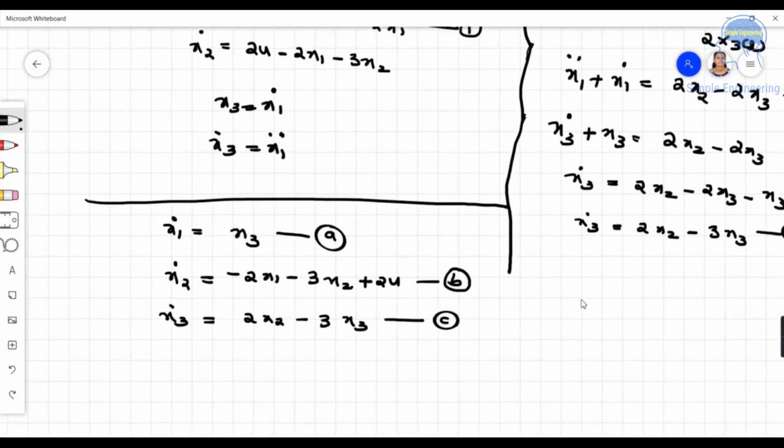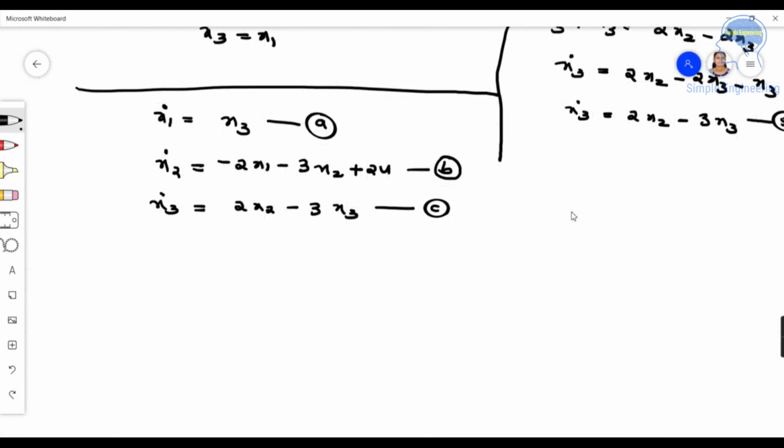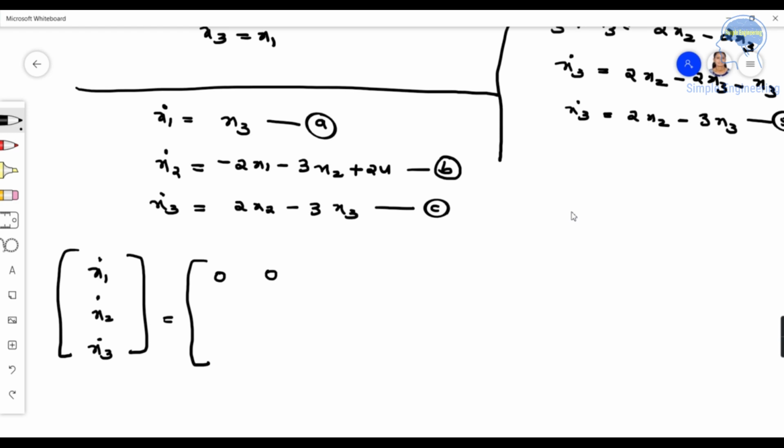So we have got x1 dot, x2 dot and x3 dot. So I am writing this as a matrix, our state model: x1 dot, x2 dot, x3 dot is equal to, in x1 dot we don't have x1 term or x2 term, only the x3 term is there, its coefficient is 1. Then in x2 dot the x1 coefficient is minus 2, x2 is minus 3, there is no x3 term.